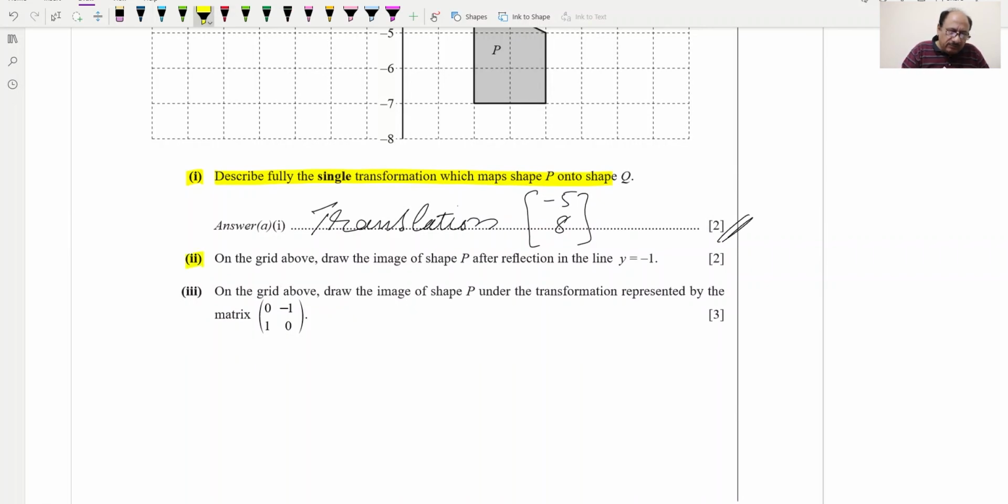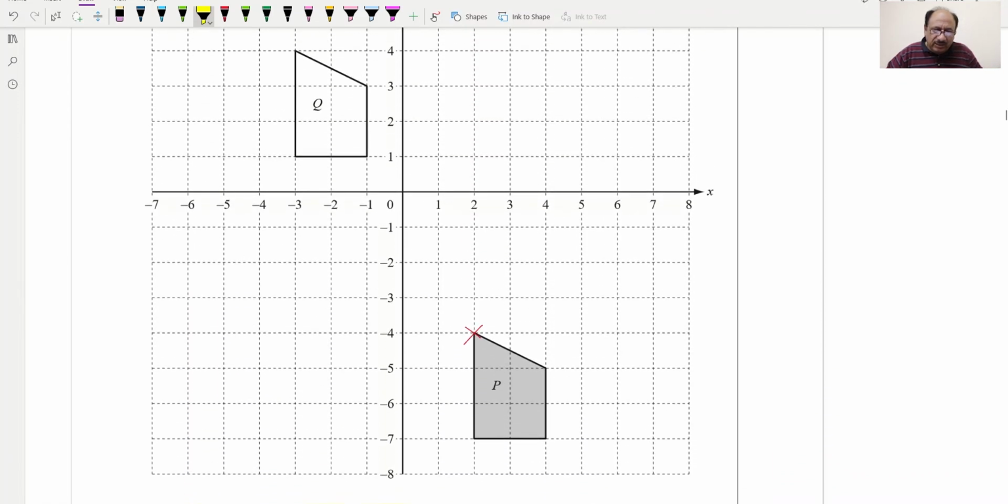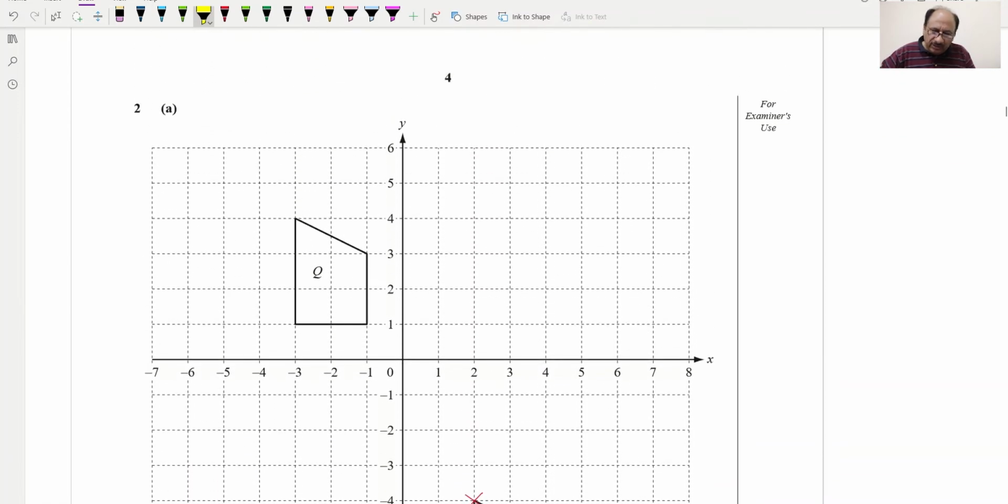And then the second part: on the grid above, draw the image of shape P after reflection in the line y is equal to -1. We have to identify that line first, and that is this line.